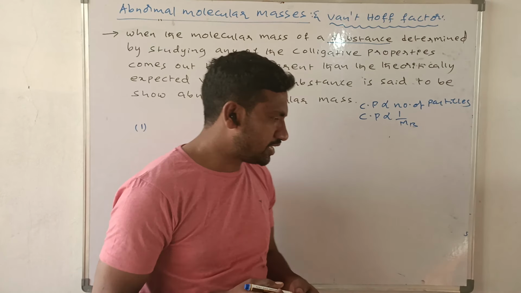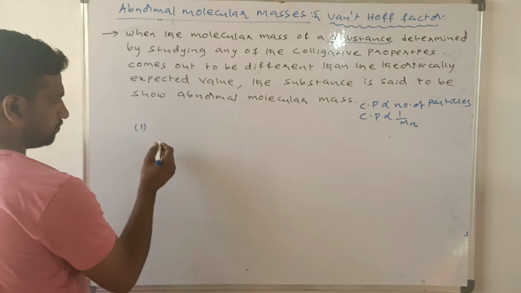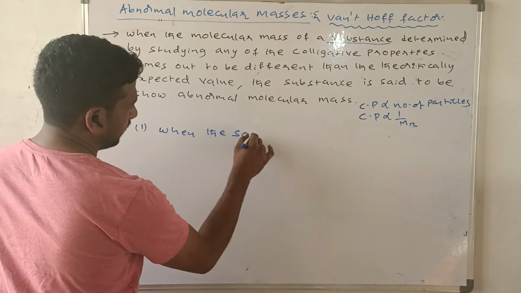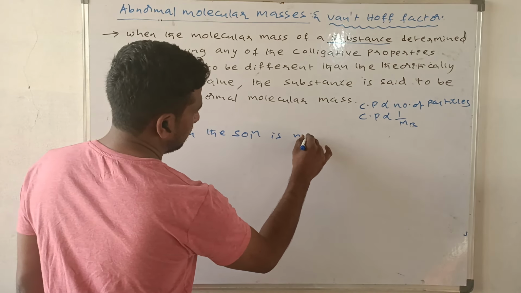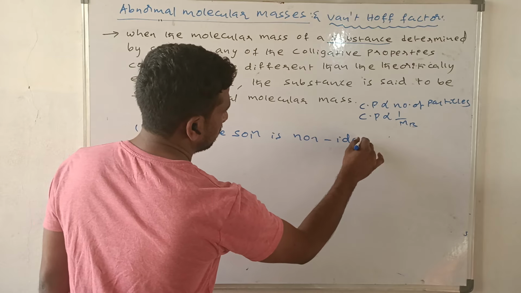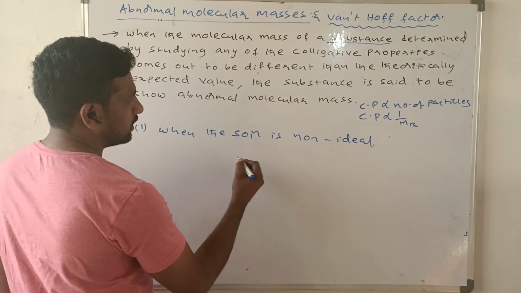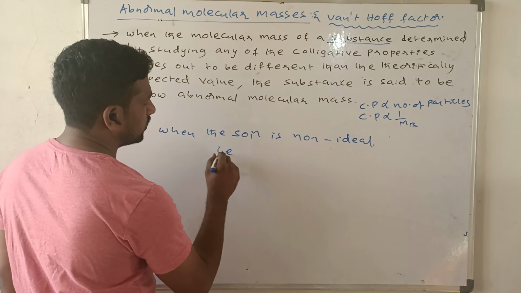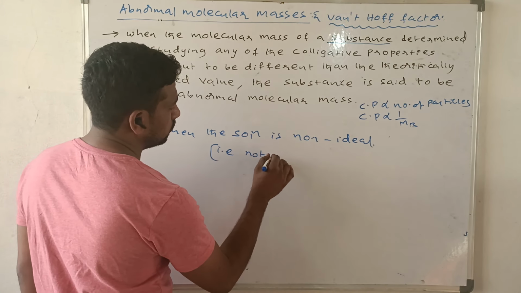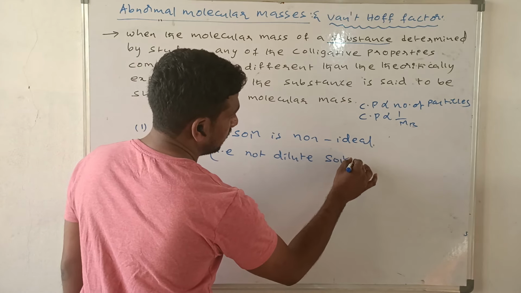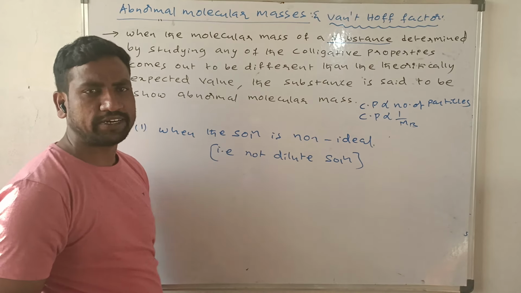So here, when the solution is non-ideal, we are going to get abnormal molecular mass. Non-ideal means it is not dilute, that is, not a dilute solution. It may be a concentrated solution. Not dilute solution means you can take concentrated solutions.